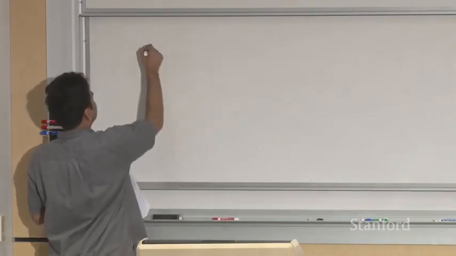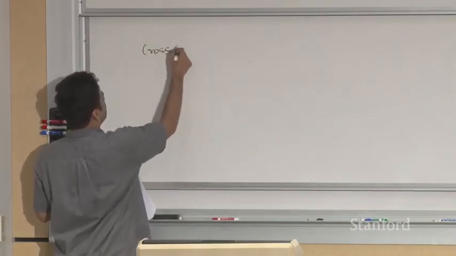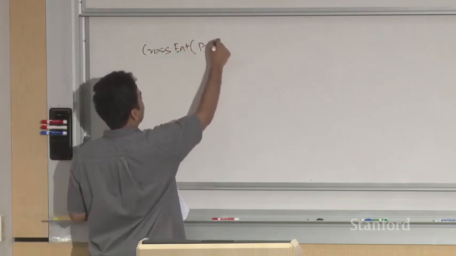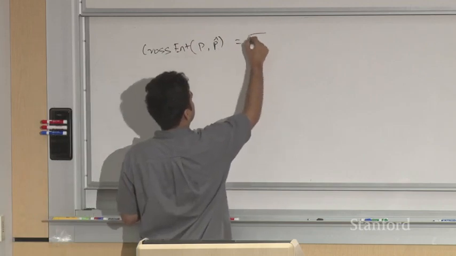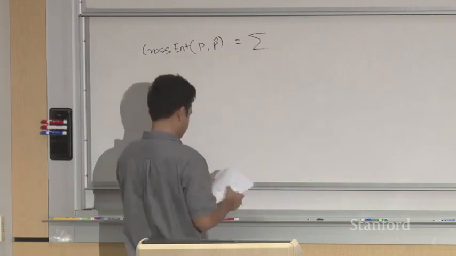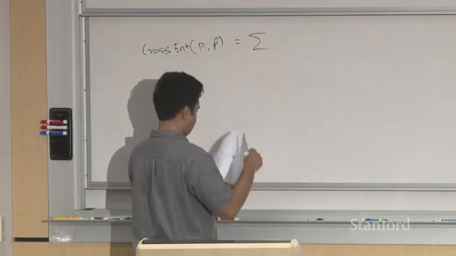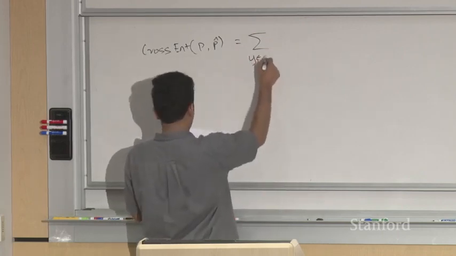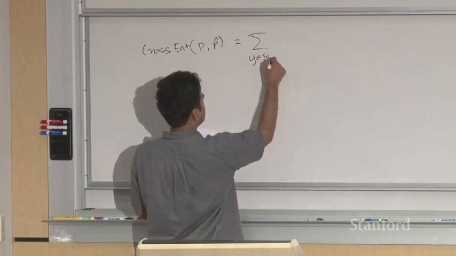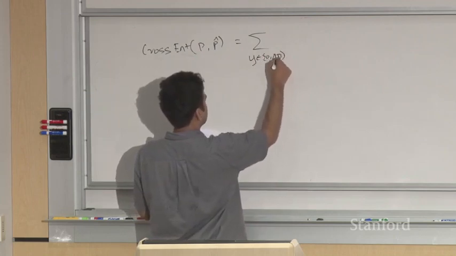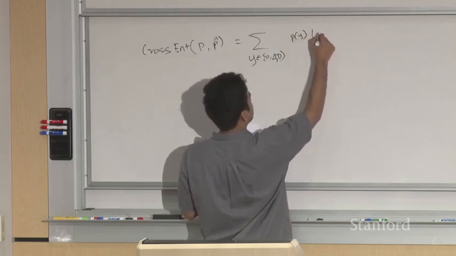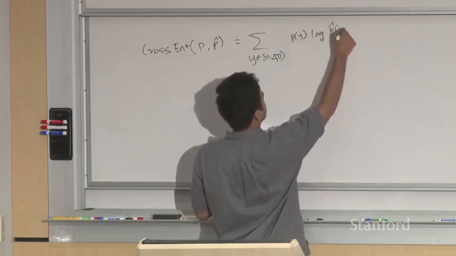So the cross entropy between p and p hat is equal to minus the sum over y in circle, triangle, square of p of y times log p hat of y.